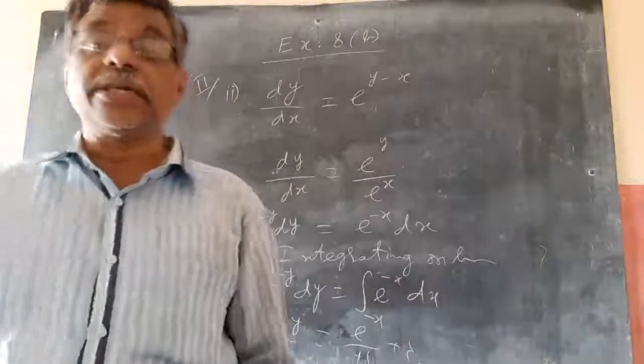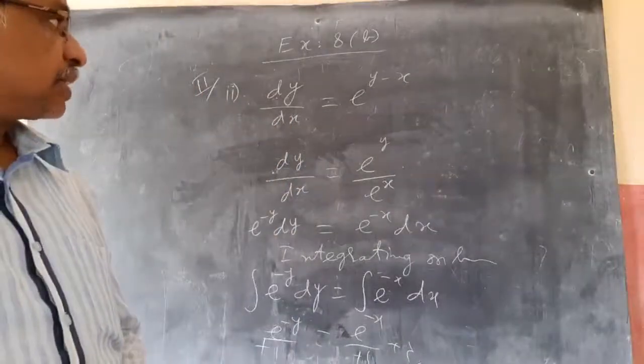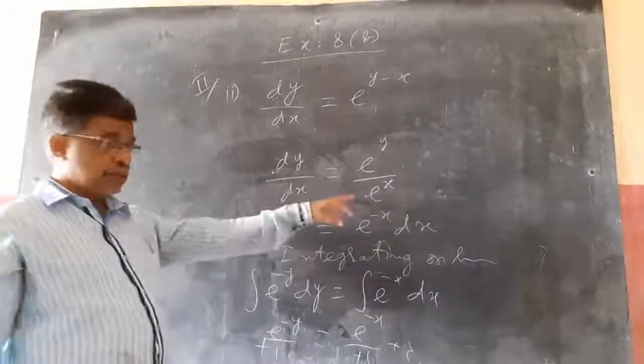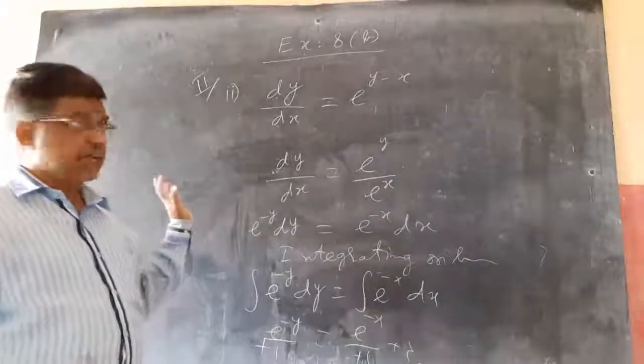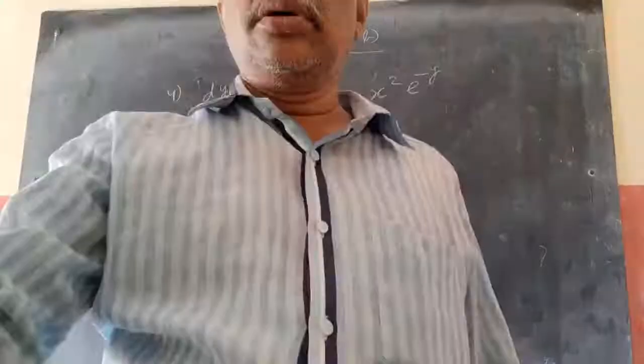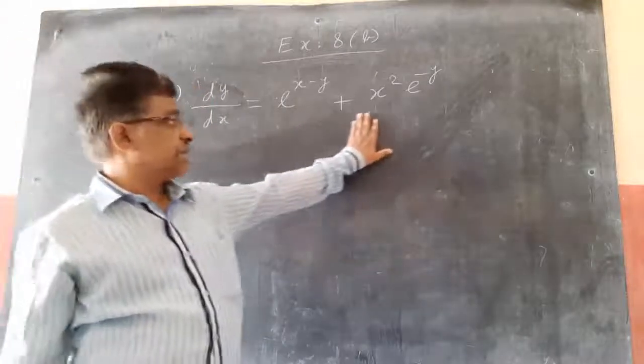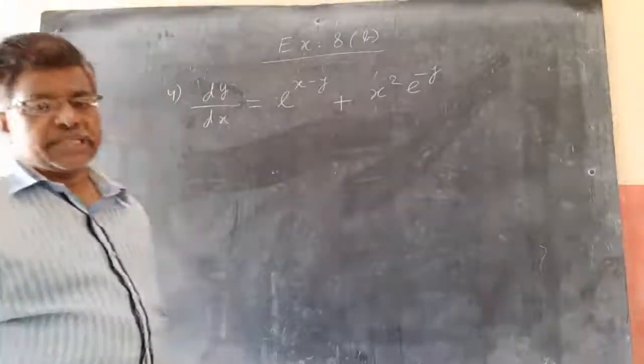This is how we will solve differential equations of type variable separable, meaning bringing all the x to one side and y's to the other side. Next question: dy by dx equal to e power (x minus y) plus x square into e power minus y. Same method.